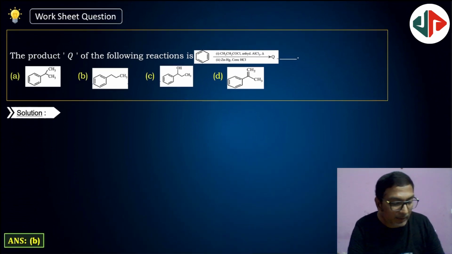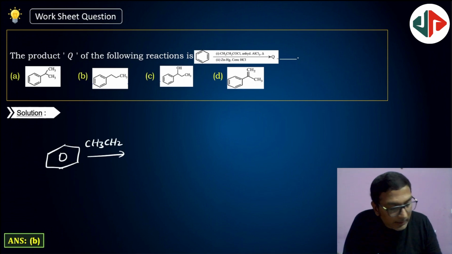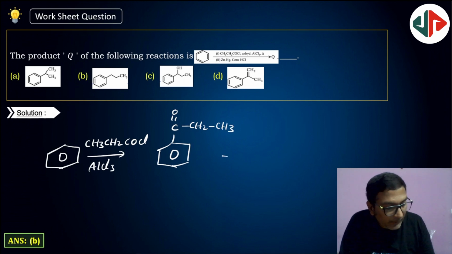Product Q of the following reaction. So first, benzene with CH3CH2COCl in the presence of AlCl3 gives the ketone with CH2CH3. Next, Clemmensen's reduction, Zn-Hg and HCl.